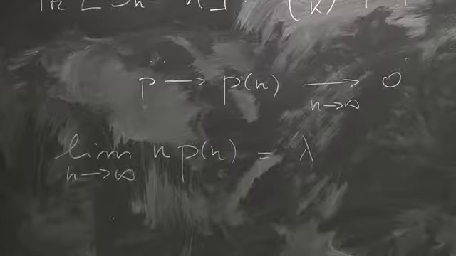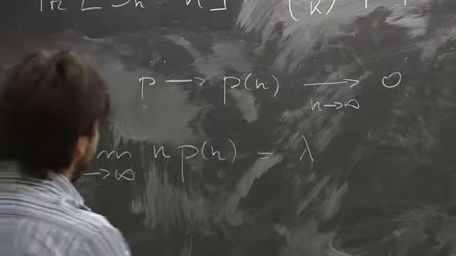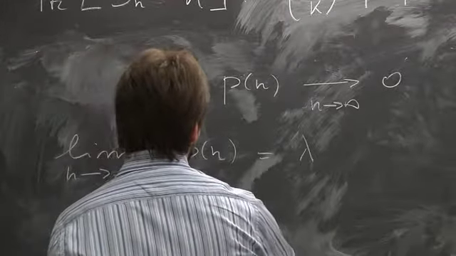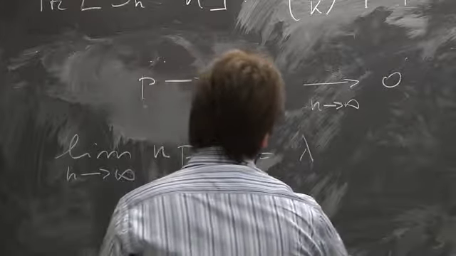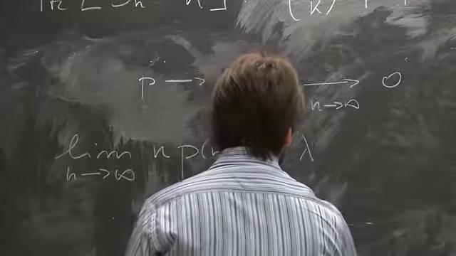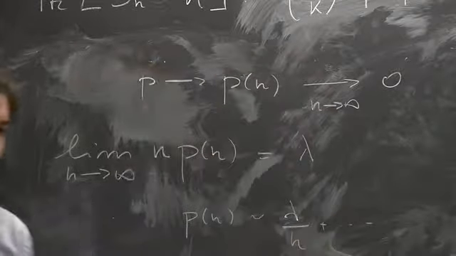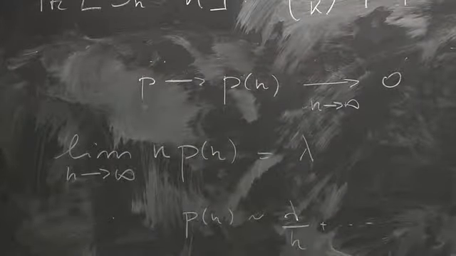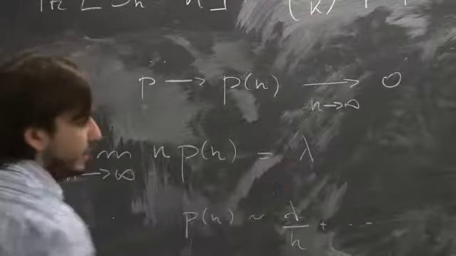Again, be patient. We will discuss that later. Okay, so what does this mean? That Pn has to go like lambda over n, plus other orders like something over n squared and other things, so that when you do the limit, you get lambda.